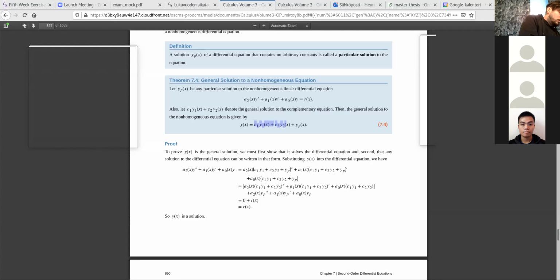Now I use linearity. So I put Yp minus Yq. If I put this Yp minus Yq into this equation, now I use the fact that it's linear.